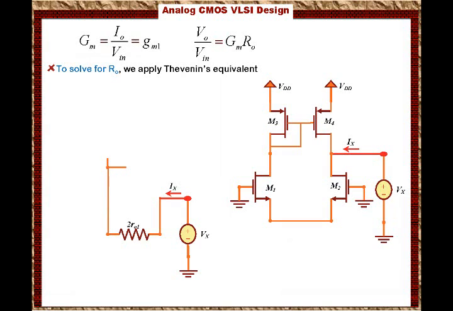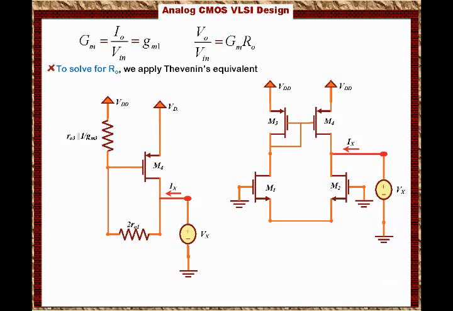Then I will go through M3. Now M3 is very interesting. What you have is two resistors in parallel. You have RO3 in parallel with 1 over GM3. Usually we assume that 1 over GM3 is more dominant and we drop the RO3, but for now let's assume that the two resistors exist.